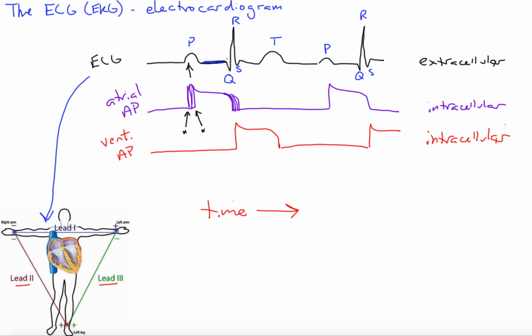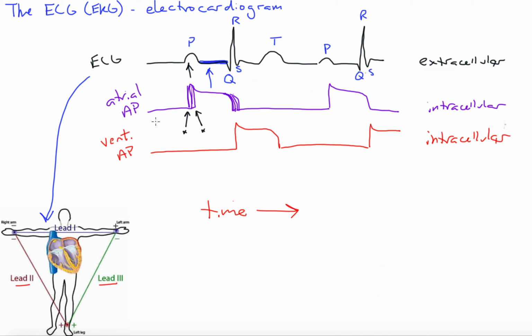These are called segments. So the PR segment looks like PQ, but they call it PR because R is easier to measure. But this PR segment here in blue corresponds with when all of the atrial cells are depolarized. In other words, it's isoelectric, the same charge. They're all depolarized, so same charge, isoelectric.